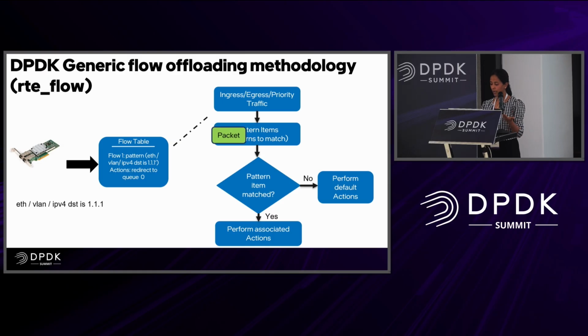Then it goes through the pattern items to match them. If the pattern items match, it performs the associated actions, which can be anything like dropping or sending the traffic to a certain queue. If not, it performs the default action, which could be to drop the packet or send it to a particular queue so that it can be inspected further.